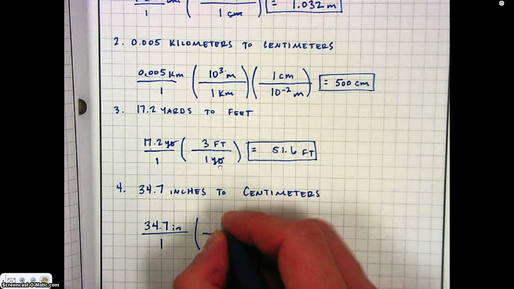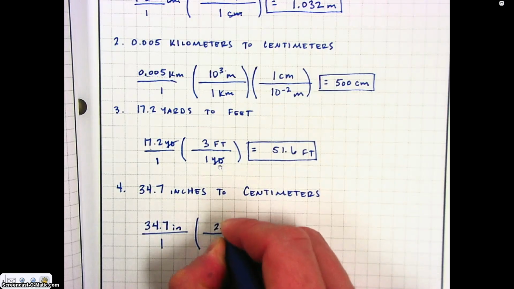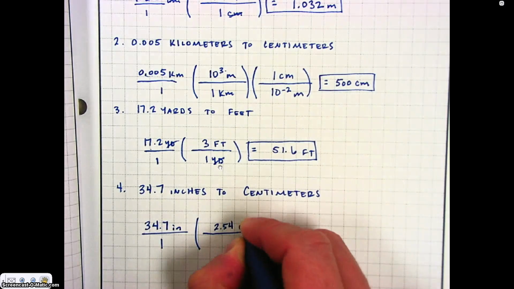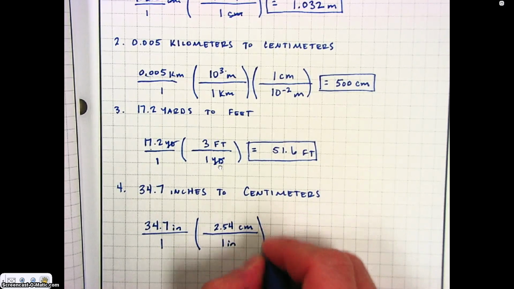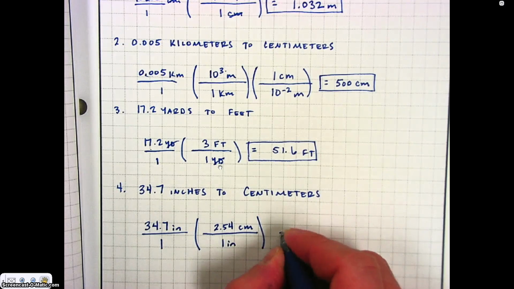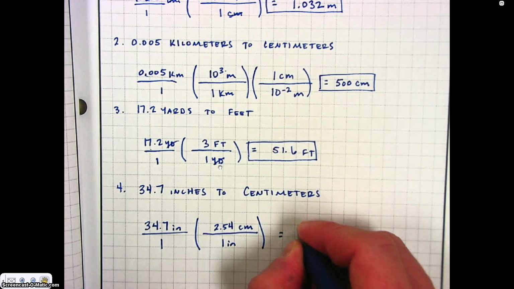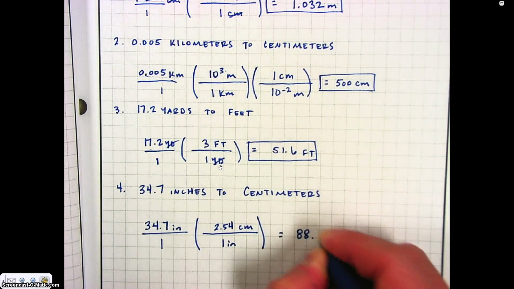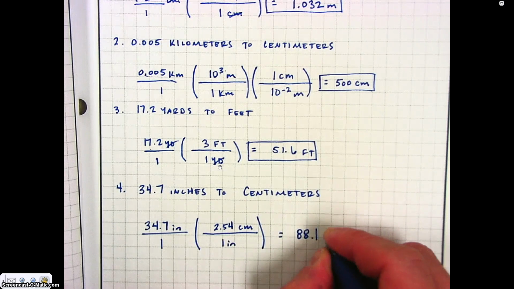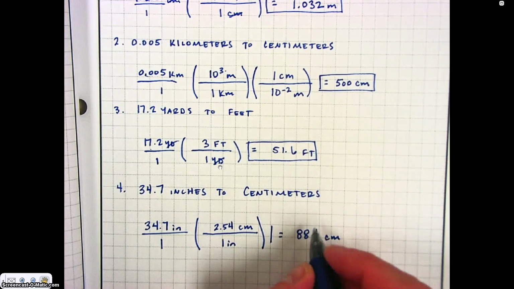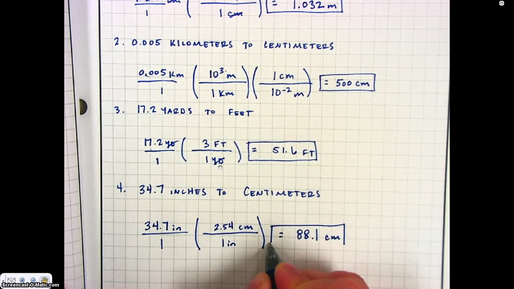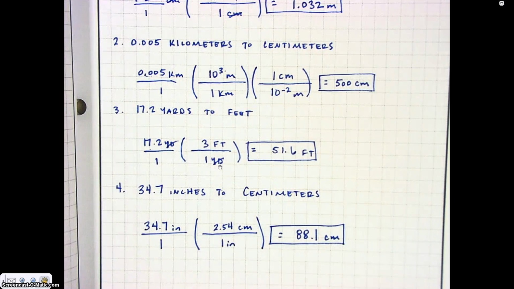Our desired unit is 2.54 centimeters, equal to 1 inch. Multiply across and you get 88.1 centimeters. So 34.7 inches is equal to 88.1 centimeters.